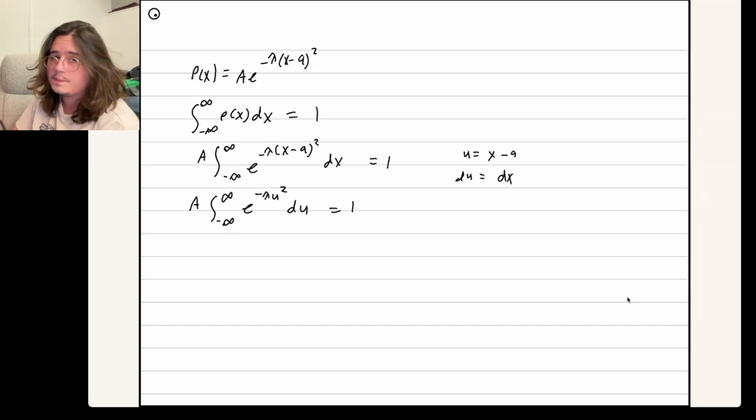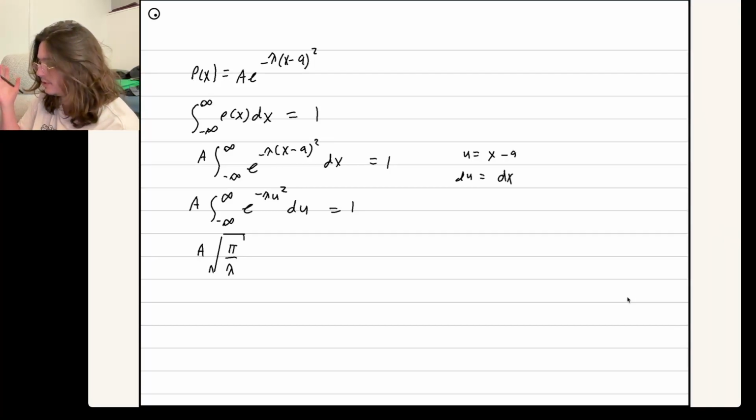And that is a table integral, which I've already pulled up. That evaluates to just square root of pi over lambda. I tried to make it nice and general so it actually looks like a table integral. But yeah, it's the square root of pi over whatever your coefficient is.